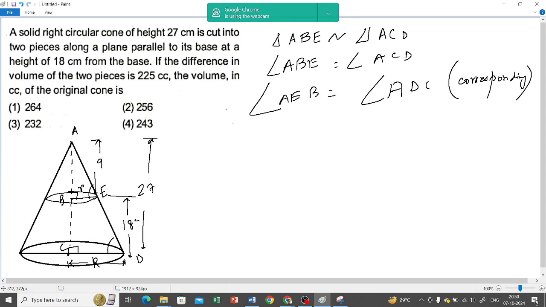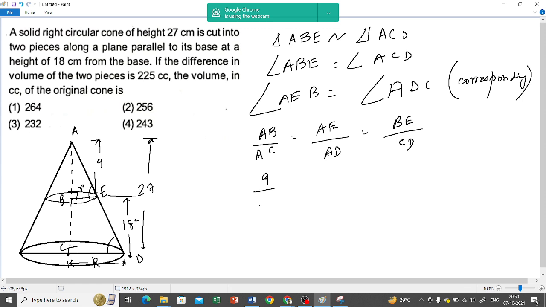Now if they are similar, then the corresponding sides are proportional. So that means AB by AC is equal to AE by AD is equal to BE by CD, right? What is AB? 9.